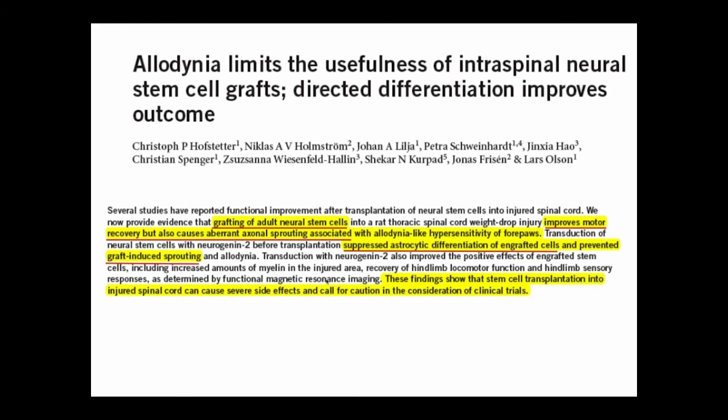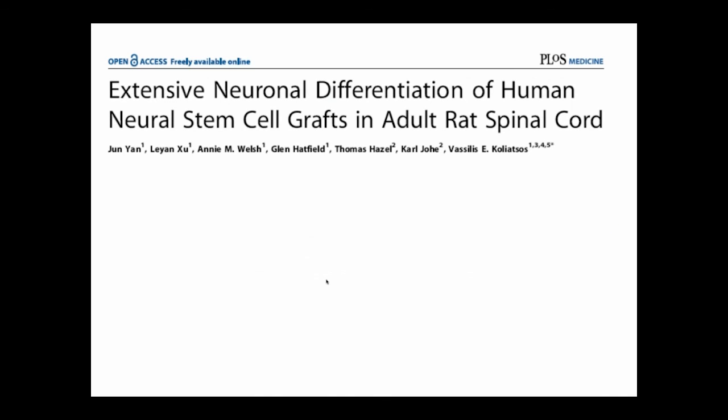But they found that by genetically expressing neurogenin 2, if they could prevent the astrocyte differentiation, they could prevent the graft-induced sprouting and hence the pain. So what this study raised is that transplanting into the injured spinal cord can have side effects and that there needs to be caution in moving forward in clinical trials.